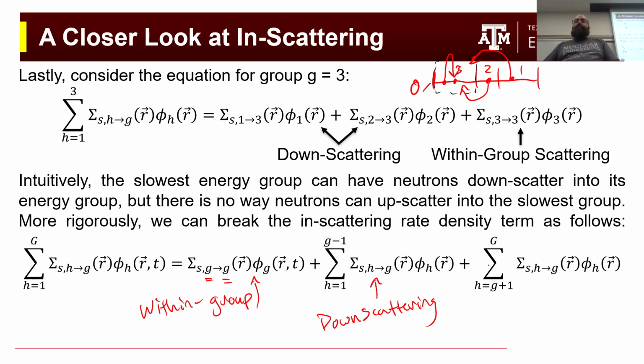And then similarly, for this third term, all of these H indices are higher than the index of interest. So these are neutrons that have groups higher than G going into G. And if my group is higher going into a lower group, that means I'm upscattering from those higher groups into the lower group. So this last one would be my upscattering term.